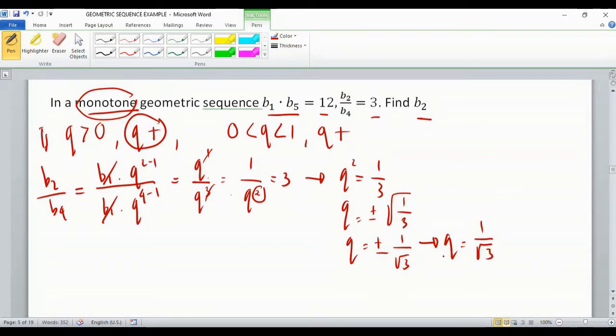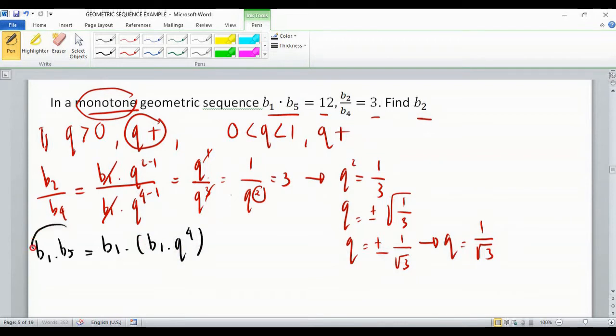So from here, we have k, and then we just need to substitute to find B2. How can we do it? We can use B1 times B5. B1 is still B1, times B5, which is B1 times k power 4.